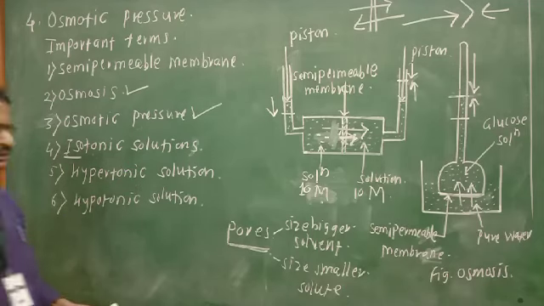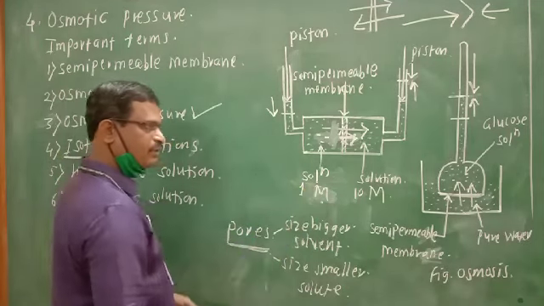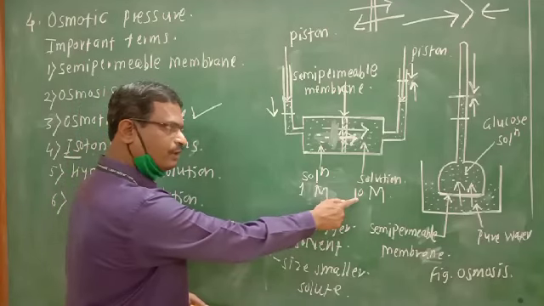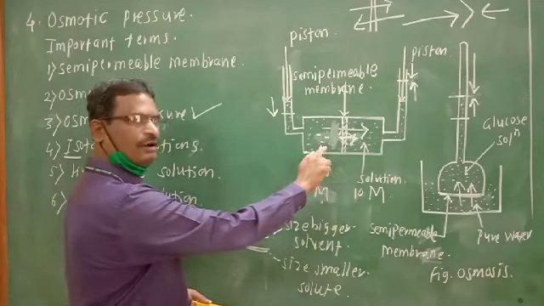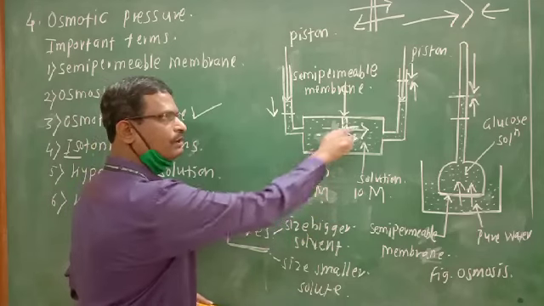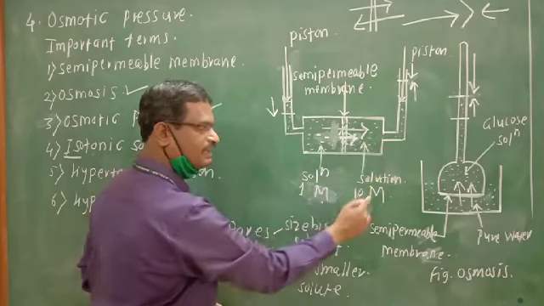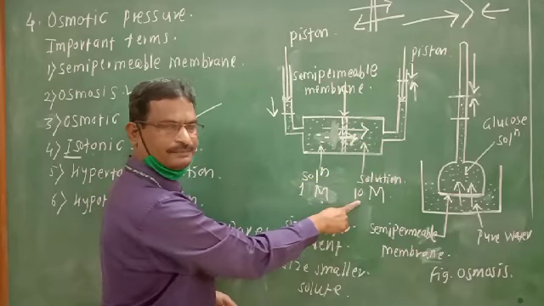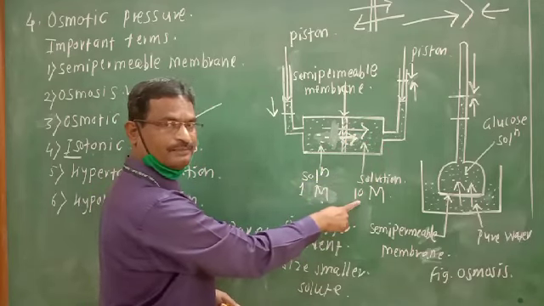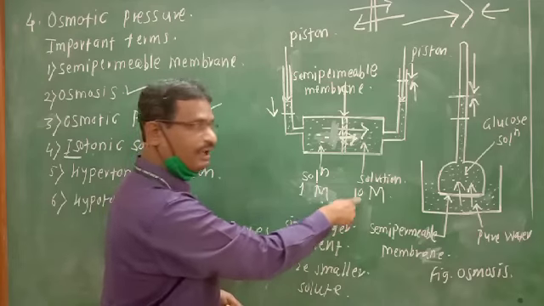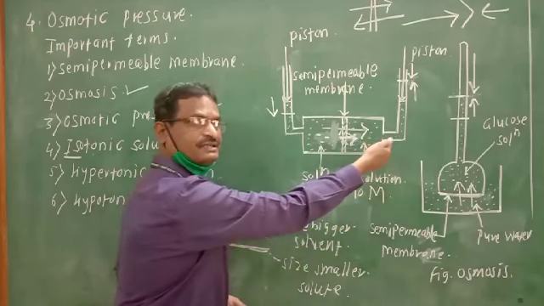Hypertonic solutions. Let this solution have a concentration of 1 molar and this one 10 molar. Now what will happen? There is movement of solvent from 1 molar to 10 molar, because this side has higher concentration, higher molarity, lower vapor pressure, and higher osmotic pressure.